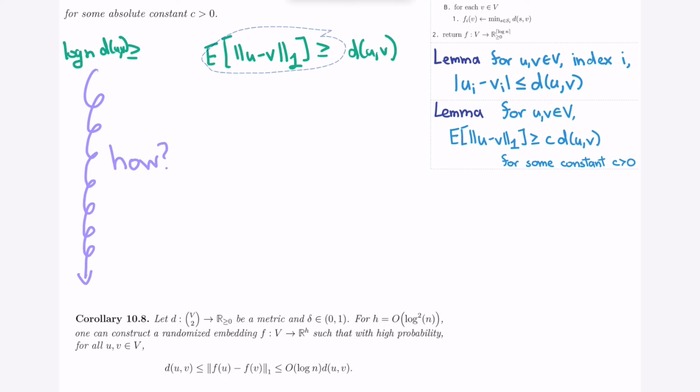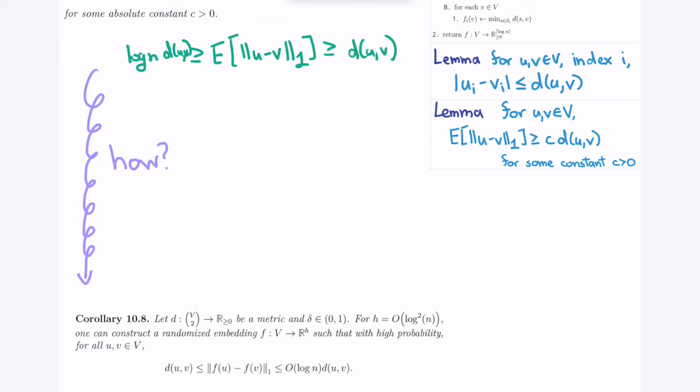But I still have some issue of expectation. I'm trying to remove the expectation; I'm trying to get a high probability.